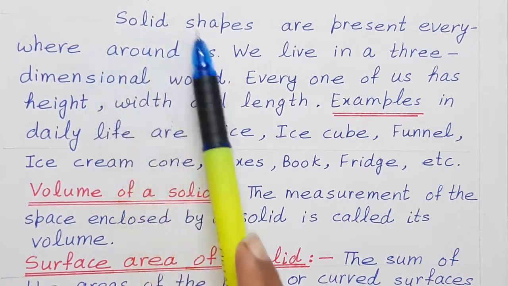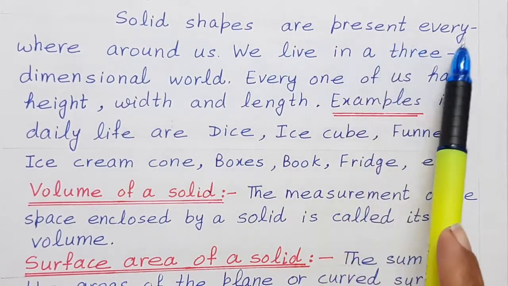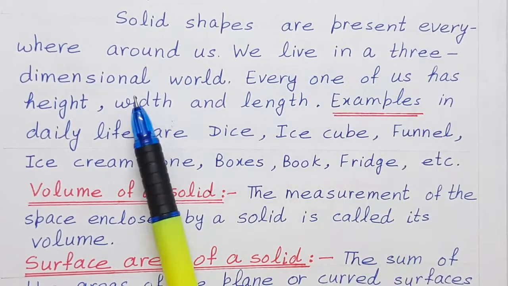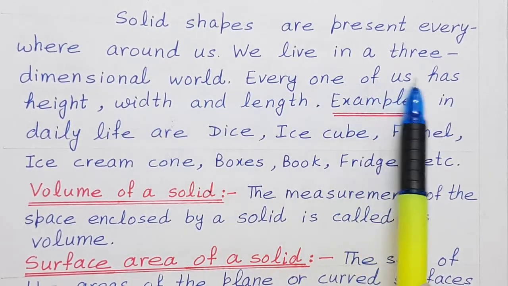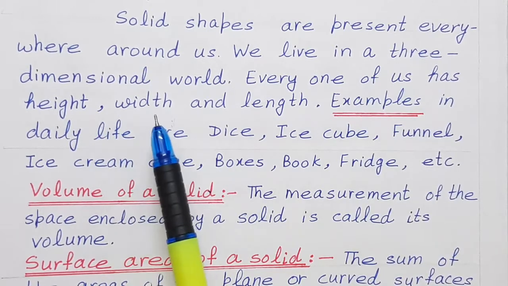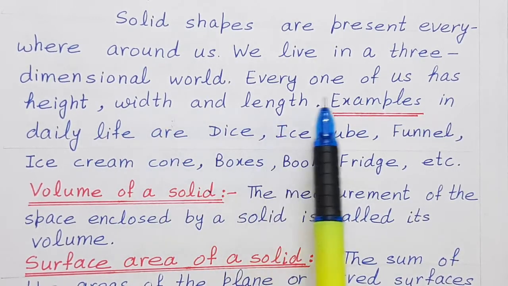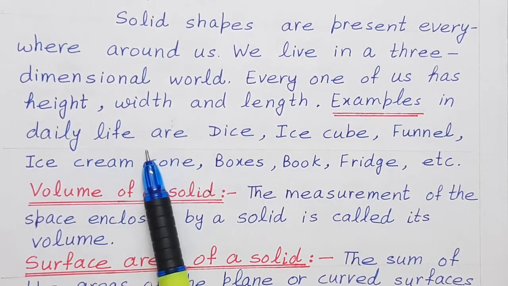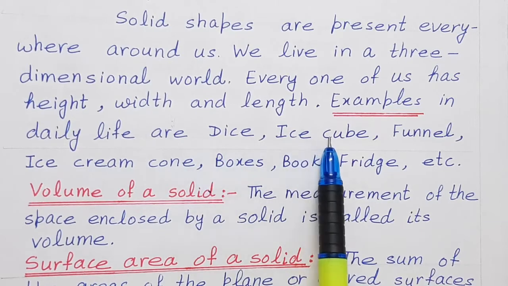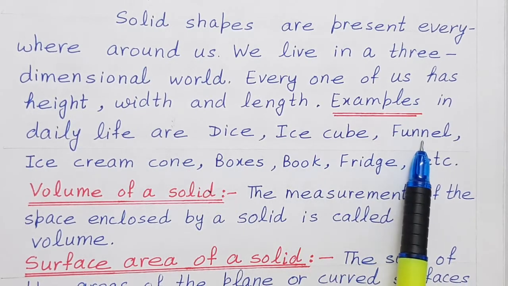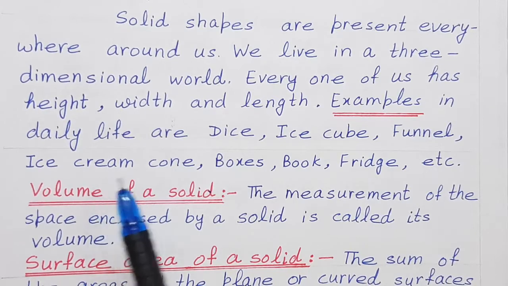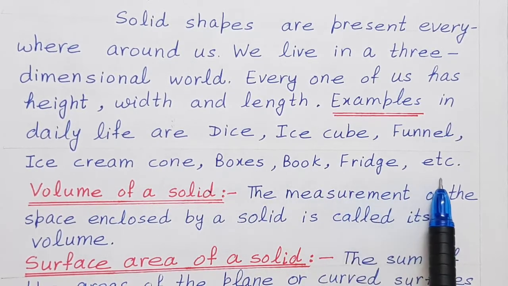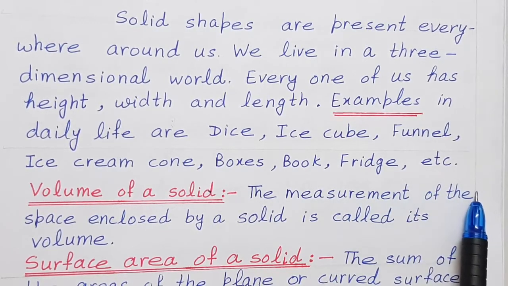Students, solid shapes are present everywhere around us. We live in a three-dimensional world. Every one of us has height, width and length. Examples in daily life are dice, ice cube, funnel, ice cream cone, boxes, books, fridge, or you can say washing machine, etc. Clear?